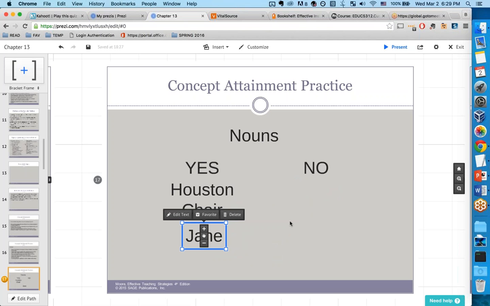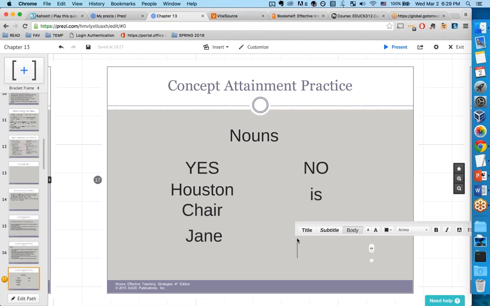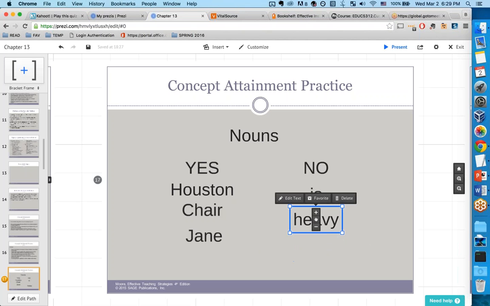We need non-examples now. How about is? No, it's not a noun. That is correct. How about heavy? No, it's not a noun, right? All right, how about Honda?